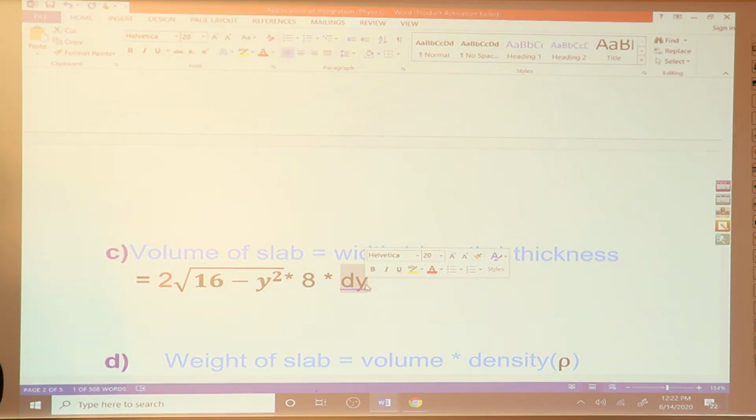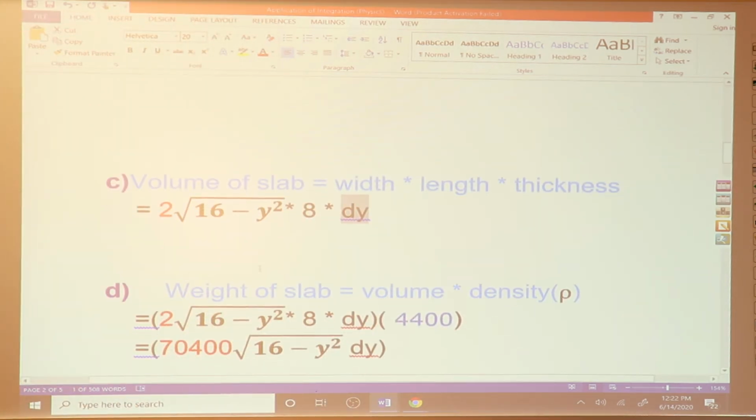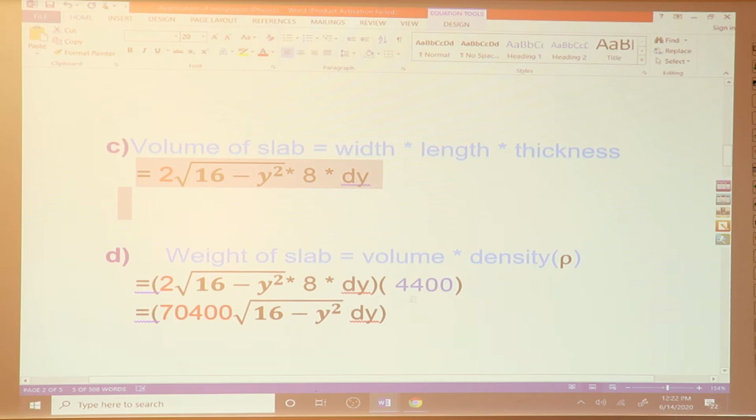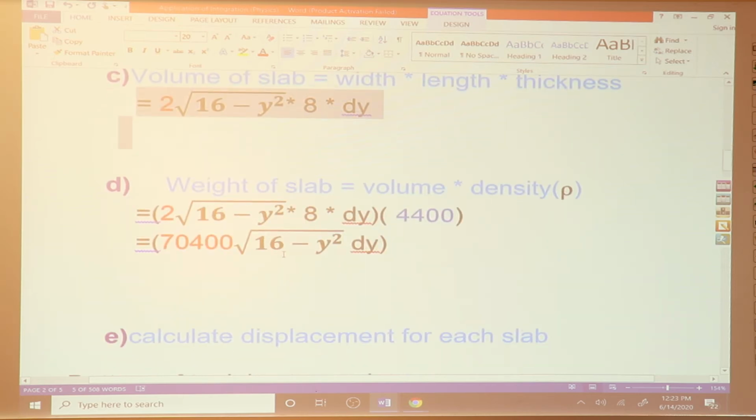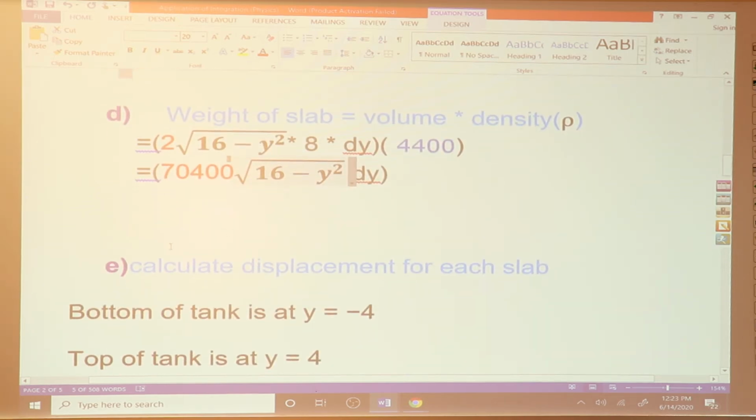The weight of the slab is volume times density, and I told you the volume is what? Density is rho. We have here the volume, which is 2, 8, and dy, times the density given, 4400. If you multiply 4400 times 8 times 2, you will get 7400 times the square root of 16 minus y squared dy.